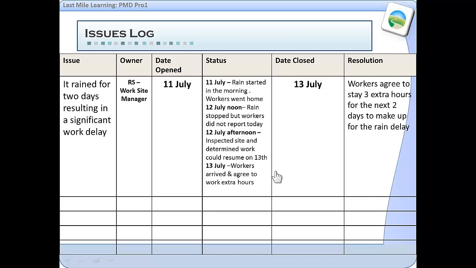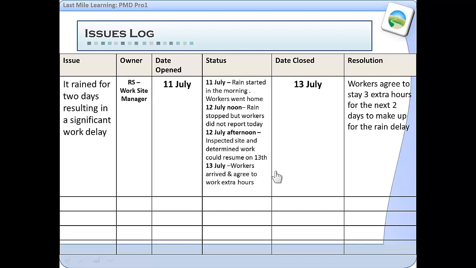Now I want to just highlight what may be, next to the work breakdown structure, the most important and critical tool to add to the work that you're doing. It's called the issues log, or issue log, either way. The issue log is a way of capturing and recording the problems and the issues as they arise for management.